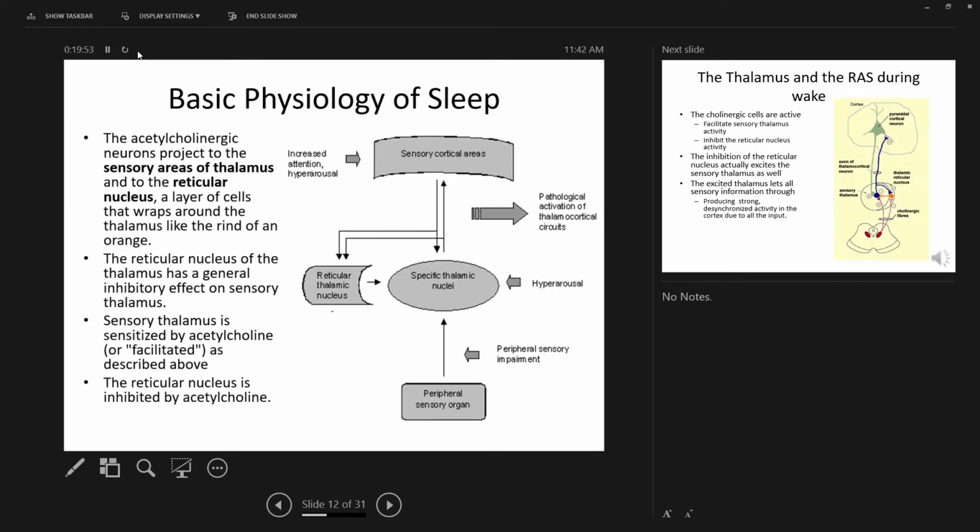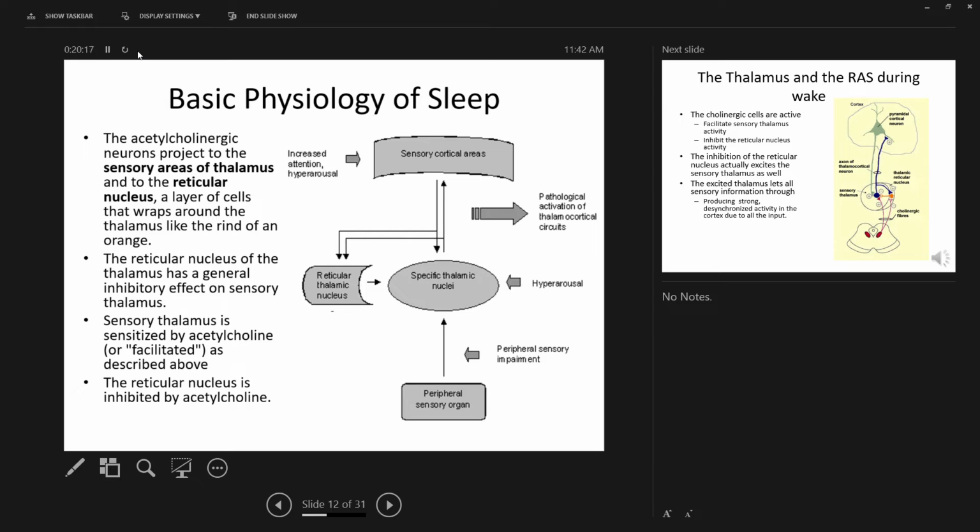Now, as mentioned in the previous slide, the acetylcholinergic neurons project to the sensory areas of the thalamus and into what we also call the reticular nucleus, which is a layer of cells that wrap around the thalamus like a rind of an orange. So this reticular nucleus here is different than our reticular activating system, even though it has a similar name.